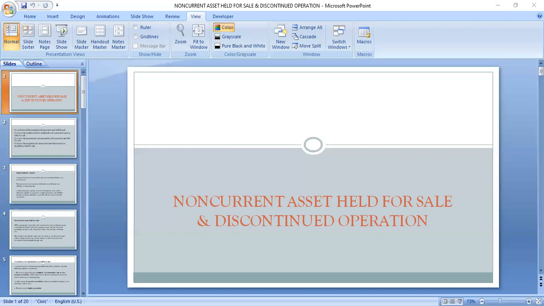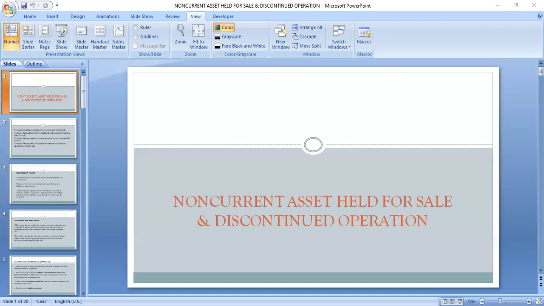Now, the conditions for classification as held for sale: a non-current asset or disposal group shall be classified as held for sale if the following conditions are present.